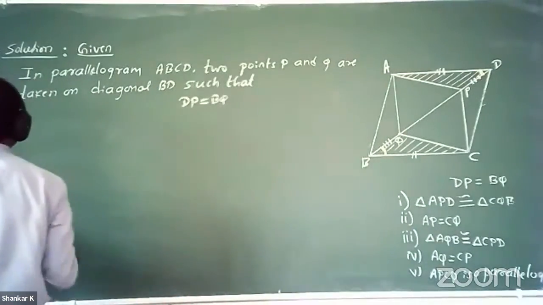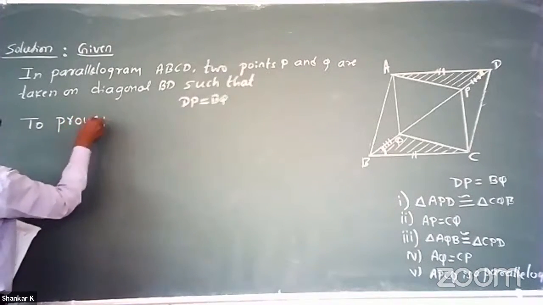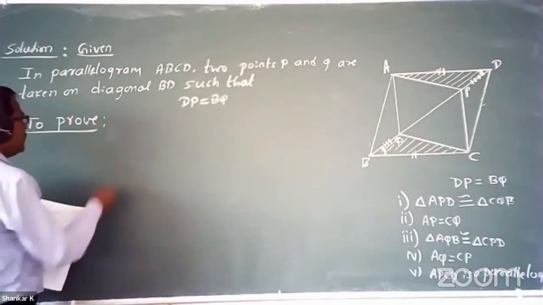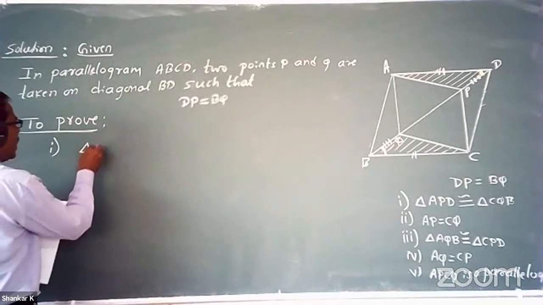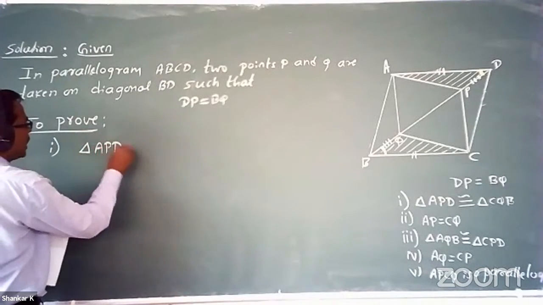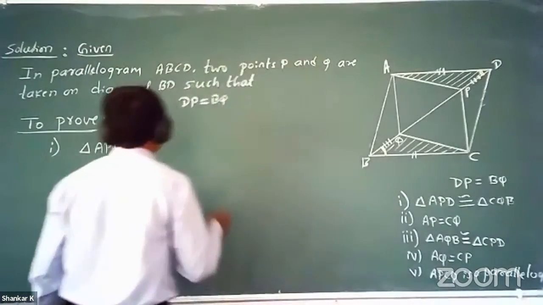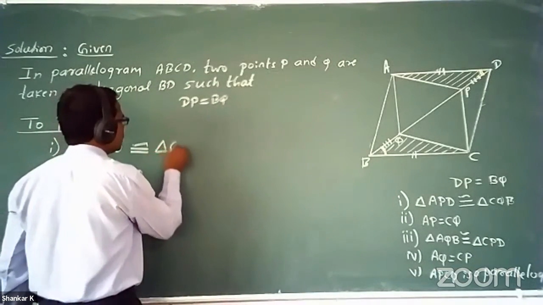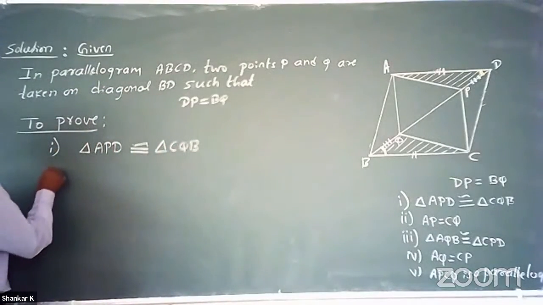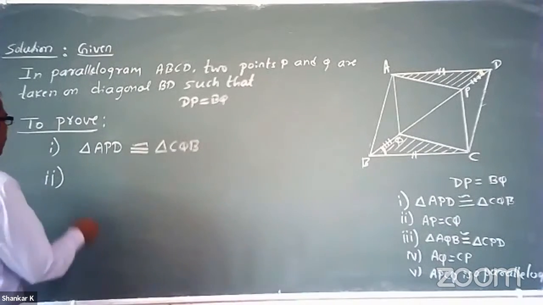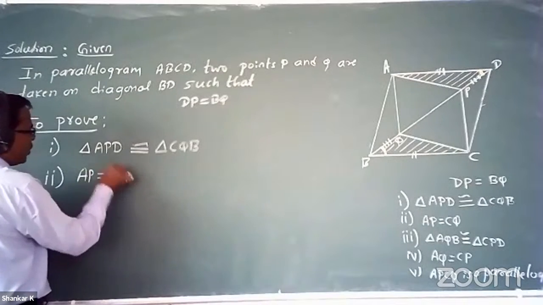Okay, this much is given. To prove means which you have to prove. Here, first point, triangle APD is congruent to triangle CQB. First we have to follow. Second point, AP equal to CQ we should show.